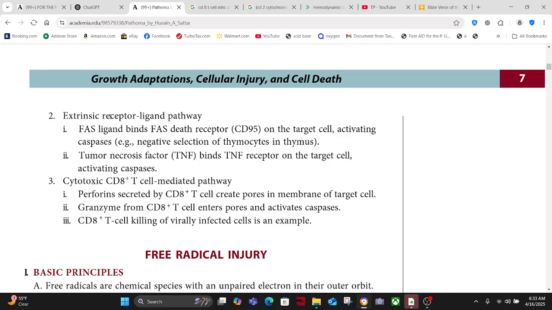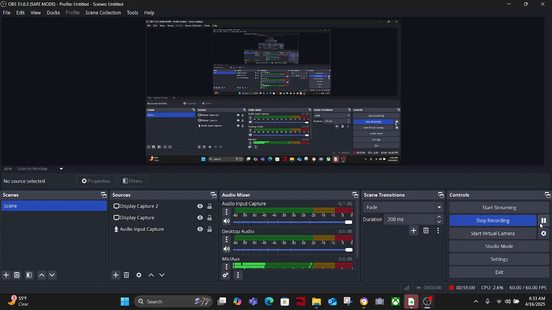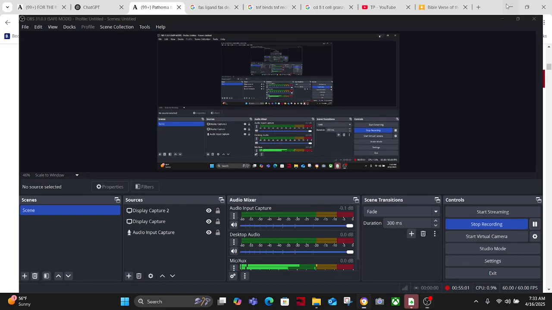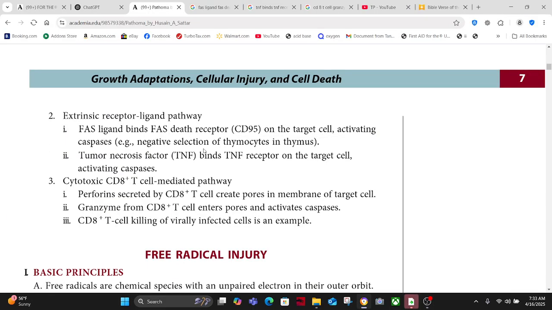So I'll show you this. The extrinsic receptor-ligand pathway is when the Fas ligand binds the Fas death receptor on the target cell, activating caspases, and this is seen in negative selection of thymocytes in the thymus.